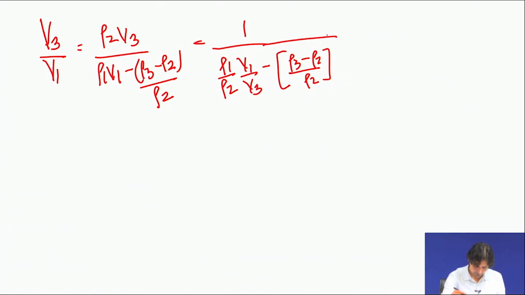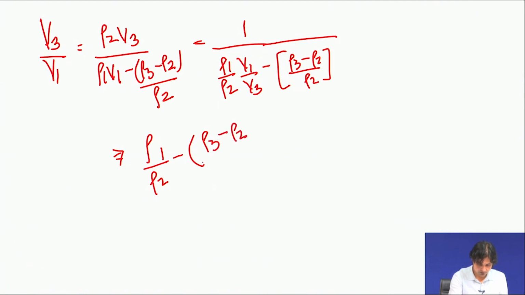Okay, or we take the denominator upside. Okay, so it will be rho 1 by rho 2 minus rho 3 minus rho 2 divided by rho 2 into V3 by V1 is equal to 1.